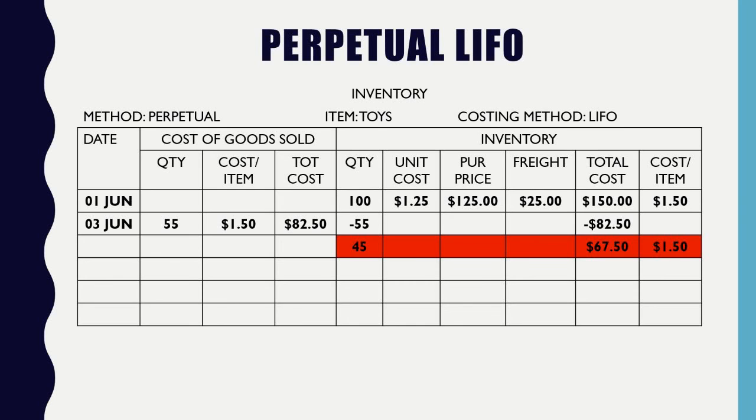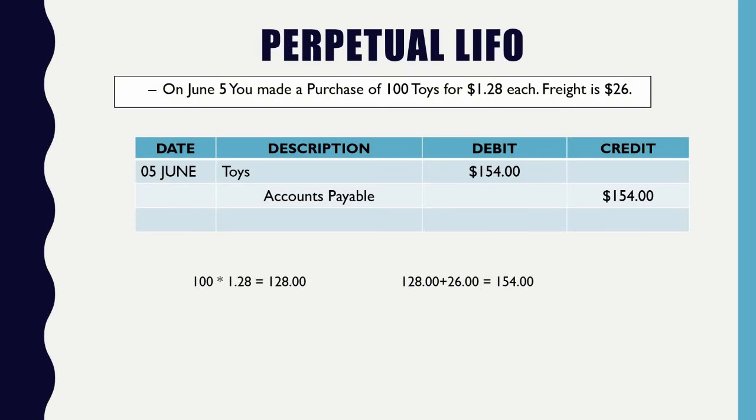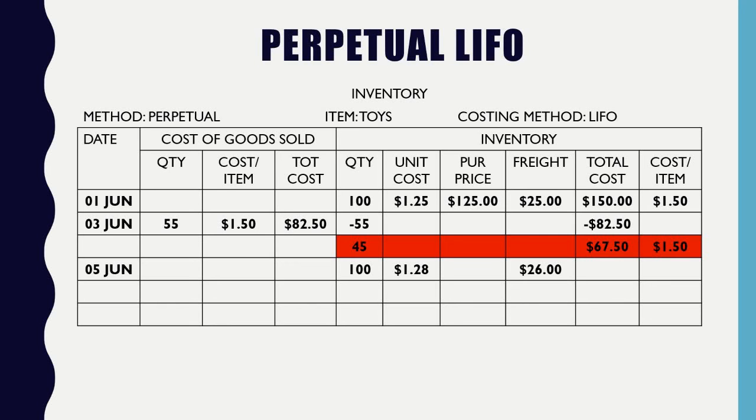But let's see what happens in our next scenario: on June 5th, we made another purchase of 100 toys at $1.25 each, and freight was $26. I've already indicated my inventory items, and when I calculate my purchase, it's 128, plus my freight gives me 154, making it $1.54.